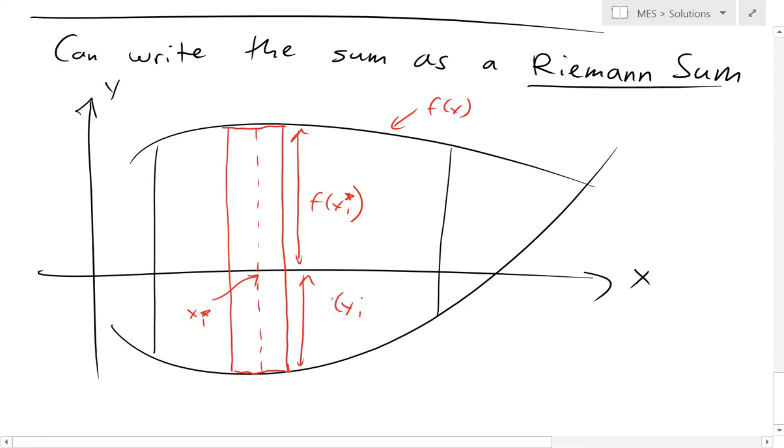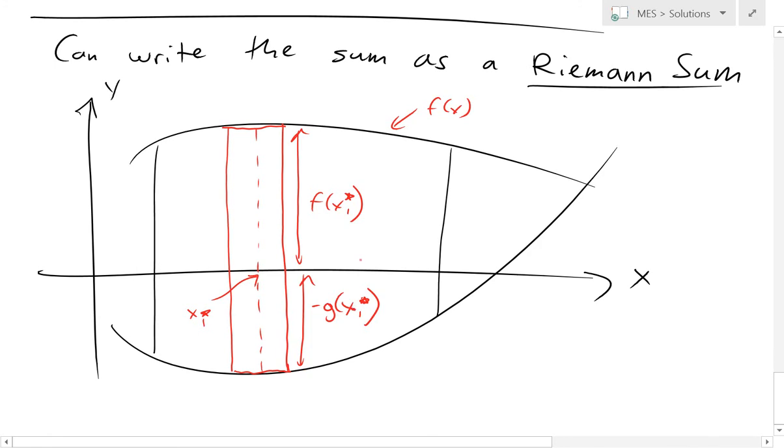And then this bottom one is going to be g of x. This is actually a negative g of x i star, and the reason why it's negative is because when you plug in g of x right here, it's going to be a negative value since it's less than 0, but we want a positive one, so we take the negative of g of x.